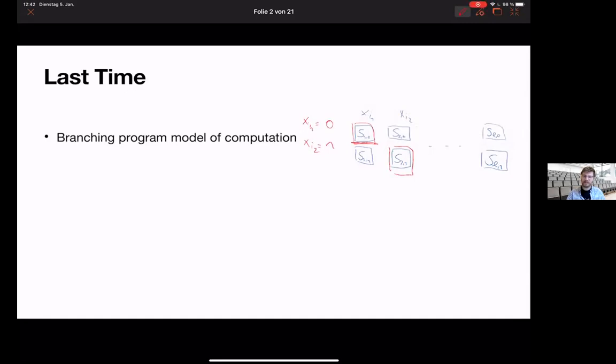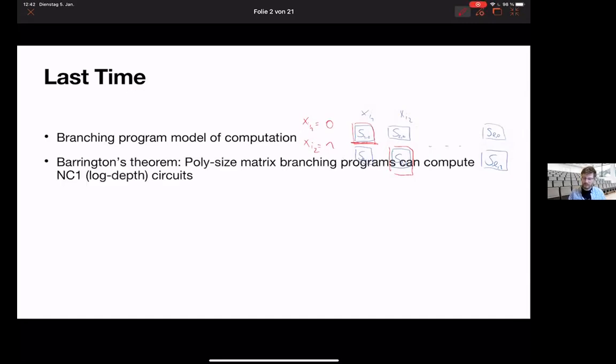This is a fairly simple model of computation, but we have seen via Barrington's theorem that matrix branching programs of polynomial size can compute so-called NC1 circuits, that is, circuits of logarithmic depth.